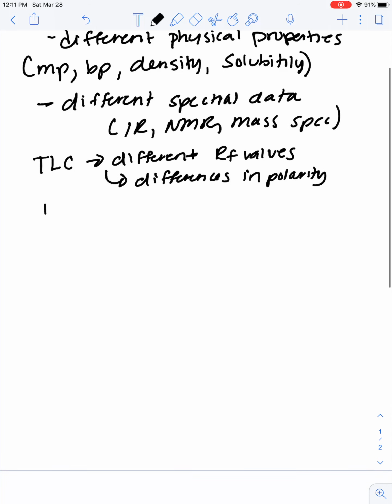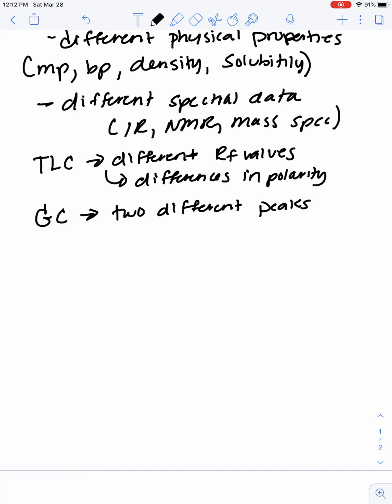We will also look at GC data. So GC will notice two different peaks. So if you think back, I can't remember if it was lab 4 or 5, you guys analyzed some GC-MS data. And remember that your lab instructor told you that the retention time is dependent on boiling points of the compounds.